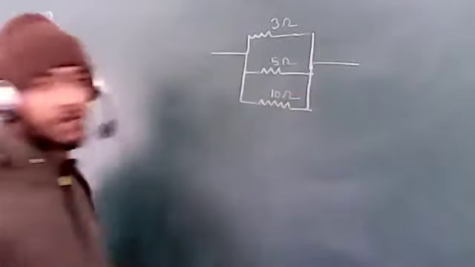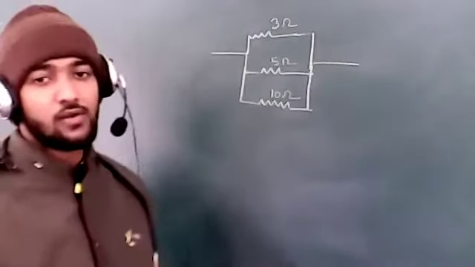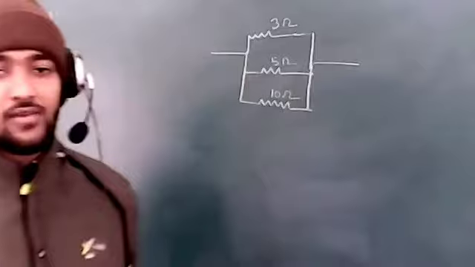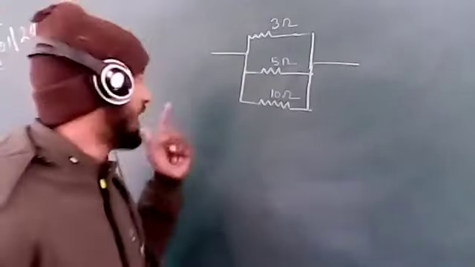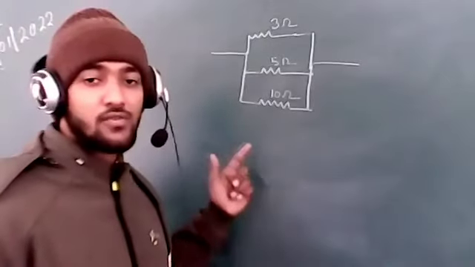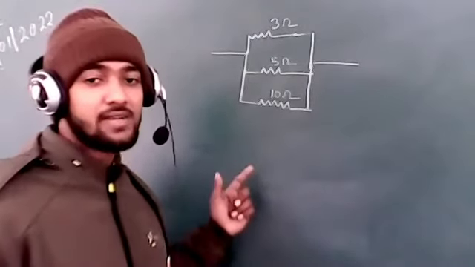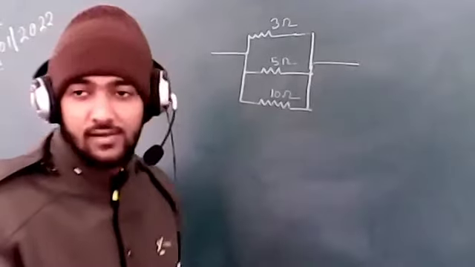Okay. Now you have to calculate. Let's see who's going to calculate. We have to calculate the equivalent resistance for this parallel circuit. The given resistances are R1 equal to 3 ohm, R2 equal to 5 ohm, and R3 equal to 10 ohm. Just calculate it.